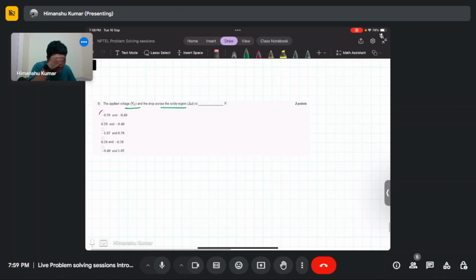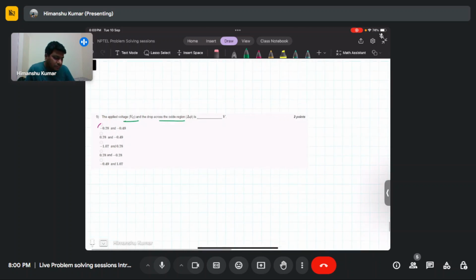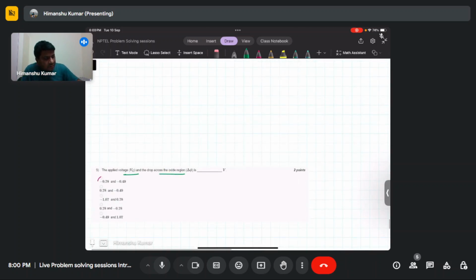The drop across the oxide region you can calculate as follows. The epsilon in the oxide region is equal to 3 times the epsilon in the silicon region. And the field in silicon you can calculate from the area of the surface potential, which is half times the depletion width W times the surface potential, phi f, because the surface potential is minus phi f.